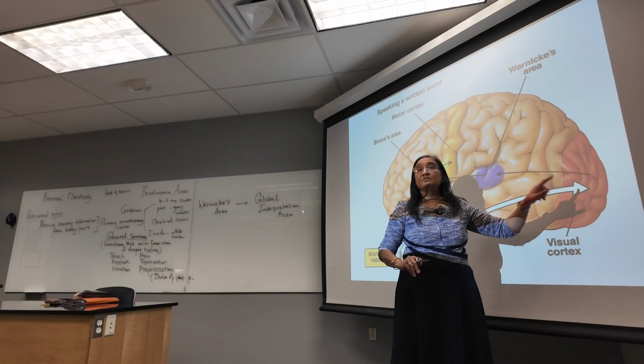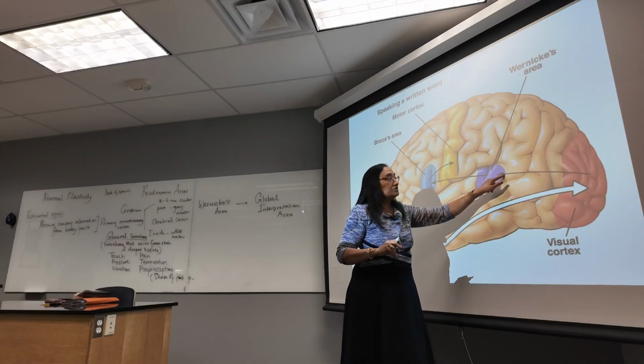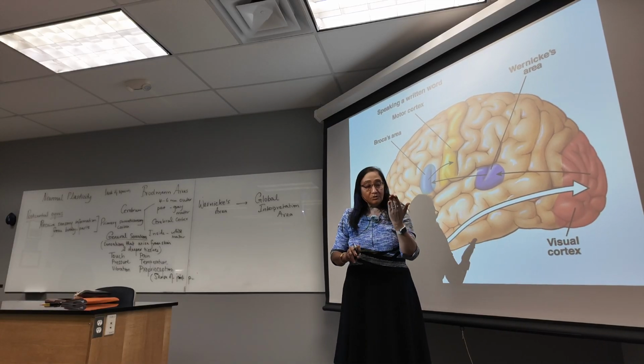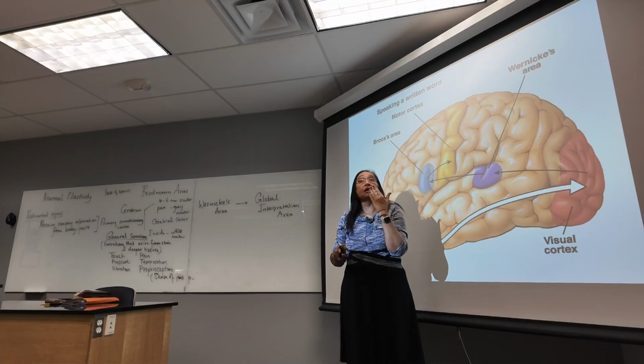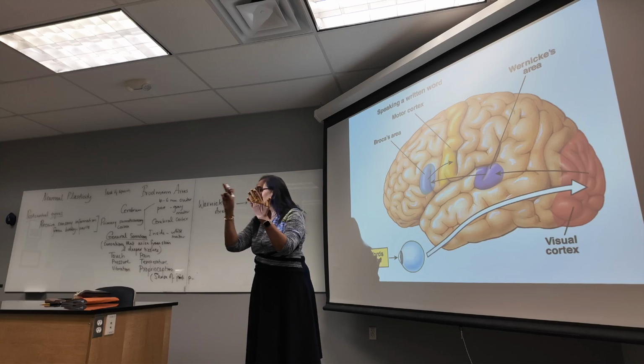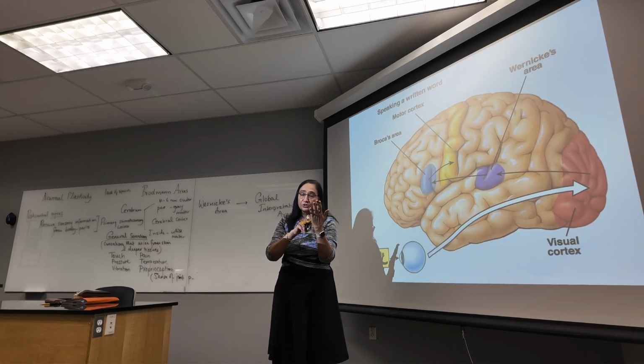And then from the visual cortex, there are fibers that connect to Wernicke's area. So when you look at it, before you start speaking it aloud, Wernicke's area is going to quickly glance through it and see whether there are any words that you don't know how to pronounce.